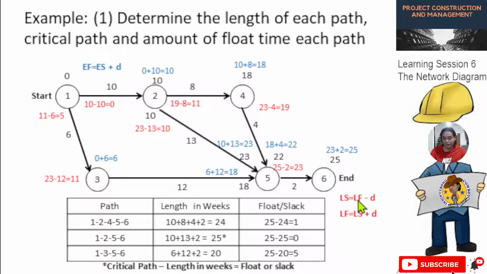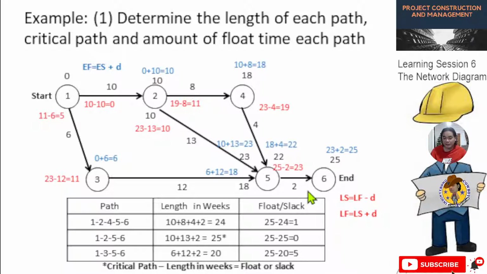So for activity 5 to 6, the LS, the last start, will be LF minus D. Our LF is 25. Last start is 25 minus the duration of this activity.